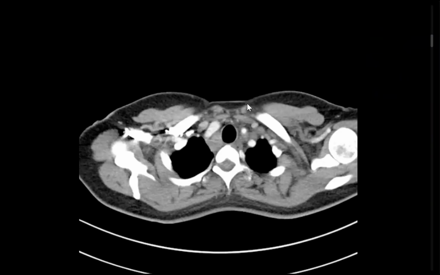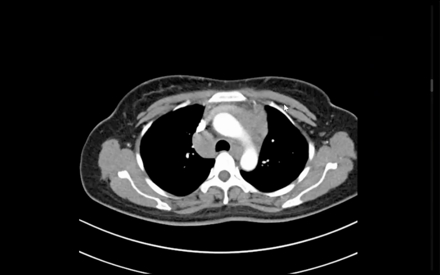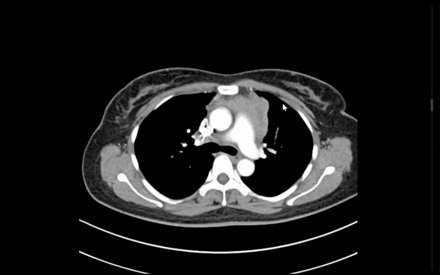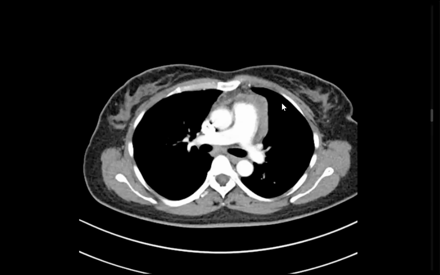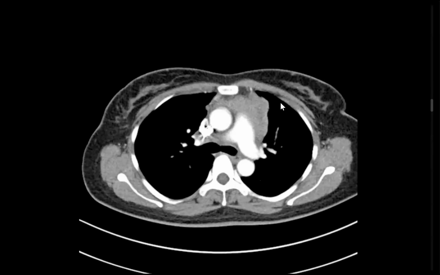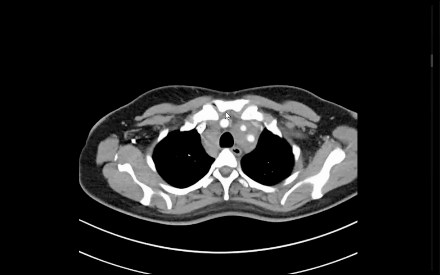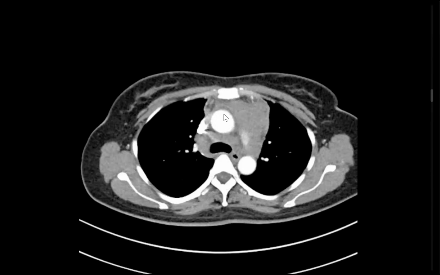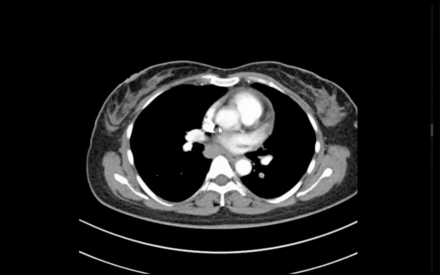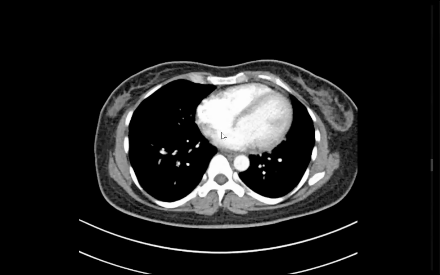Okay, sir, I'm scrolling. I can appreciate a soft tissue intensity anterior mediastinal lesion, and I cannot see any fat component or any calcification inside it. I would look for other lymphadenopathy in other areas.